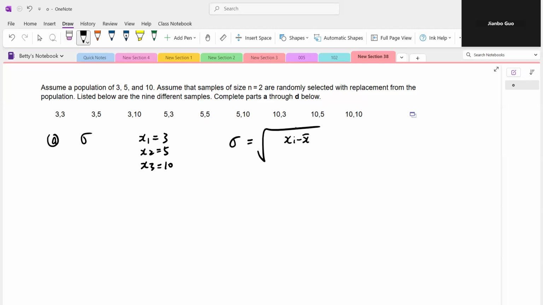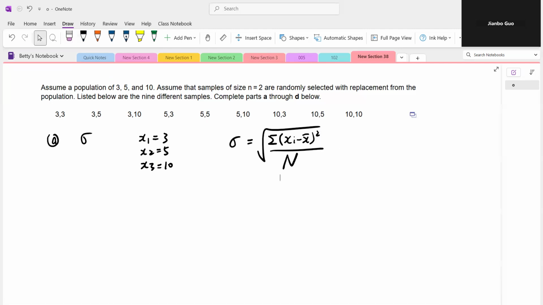You have to find the mean first, which is 3 plus 5 plus 10 divided by 3, which is 6. Then add them together and divide by N. This formula is for population standard deviation. N here has to be 3. N here is the denominator.